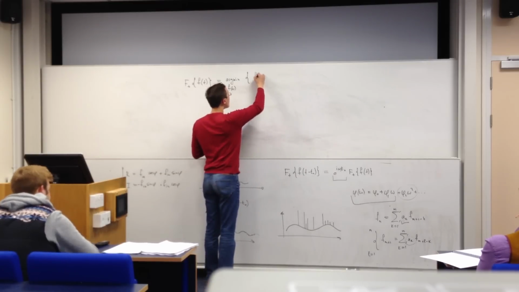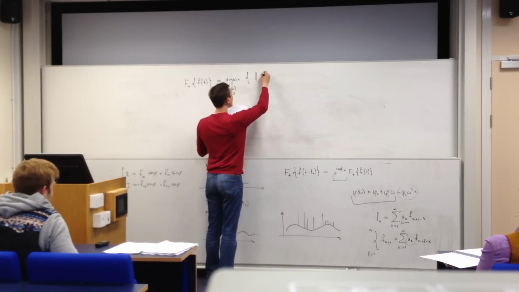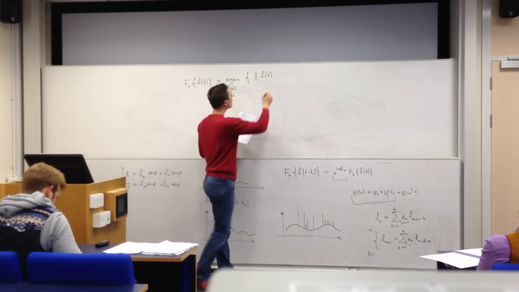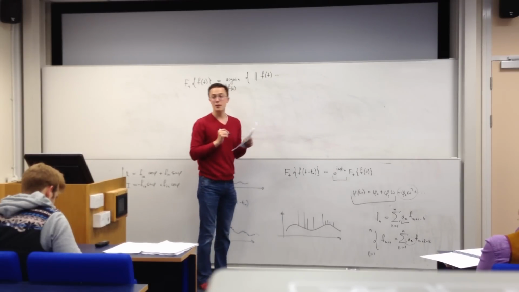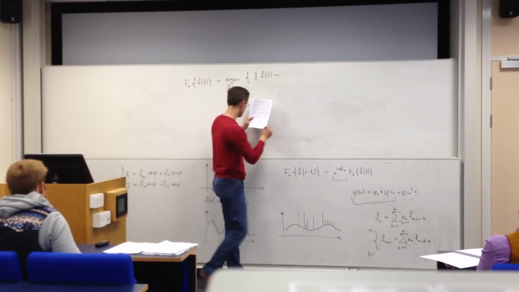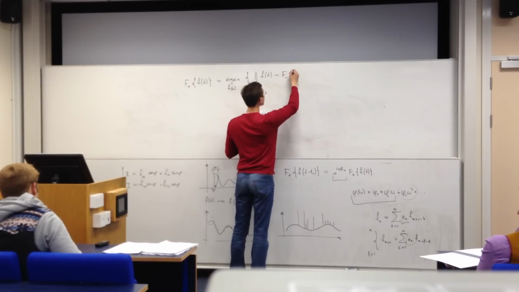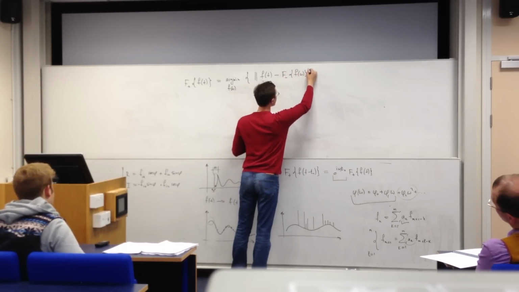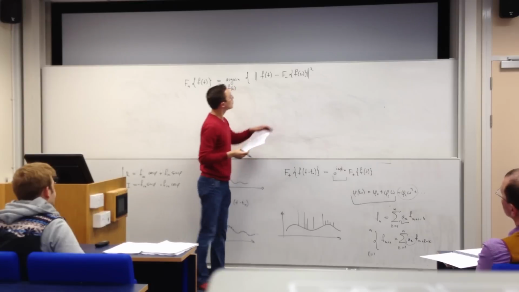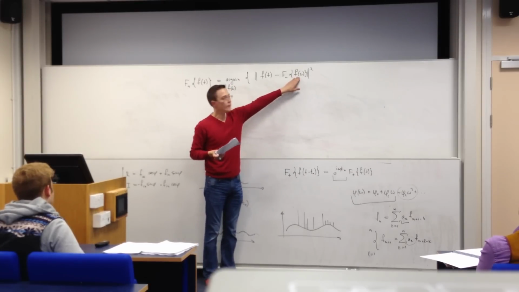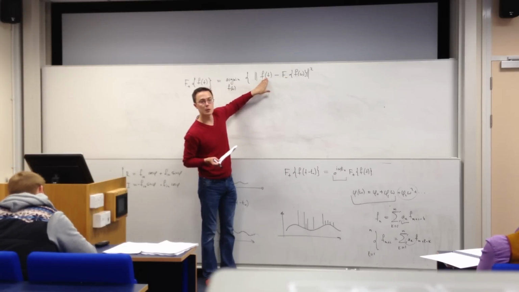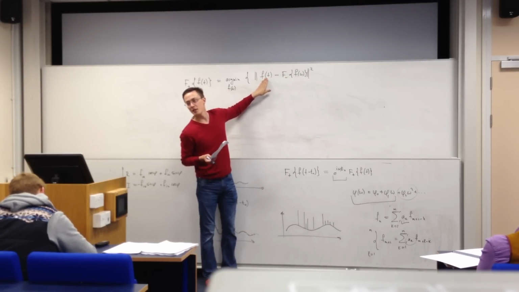It will be the norm of the difference of the time domain data that we do have from the inverse Fourier transform of our trial spectrum, F minus f of omega, norm squared. So we guess some spectrum, compute the time signal, subtract it from the real time signal, see if there's any difference.